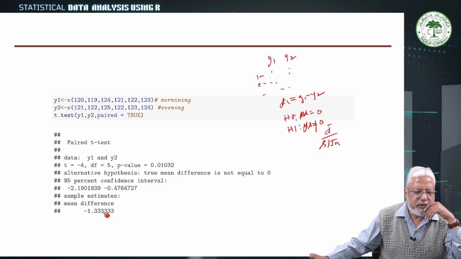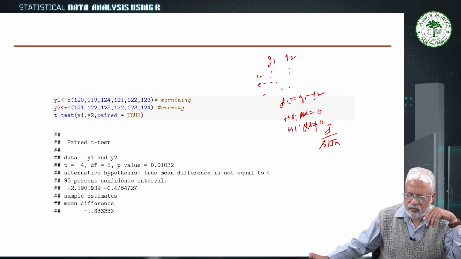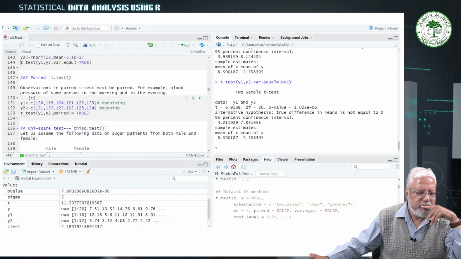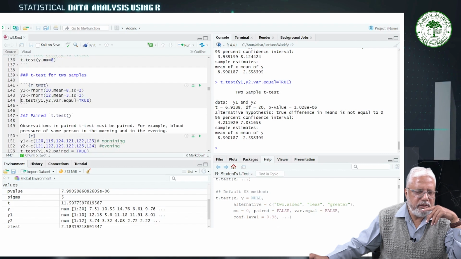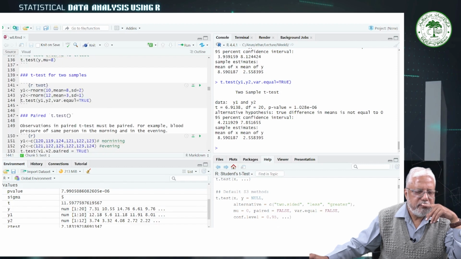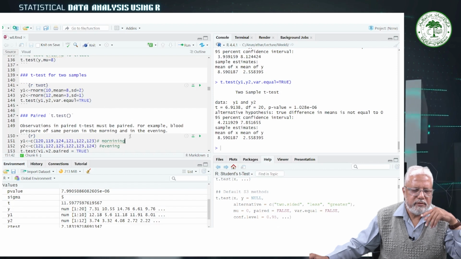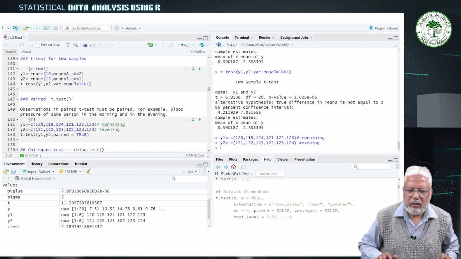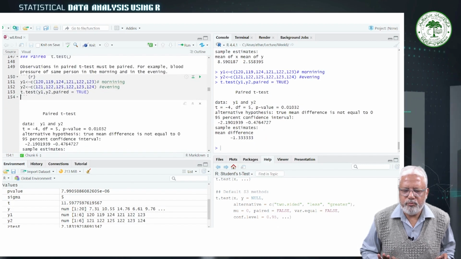So we have talked about the paired t-test. Now if we go here, this is the result, this is the output.